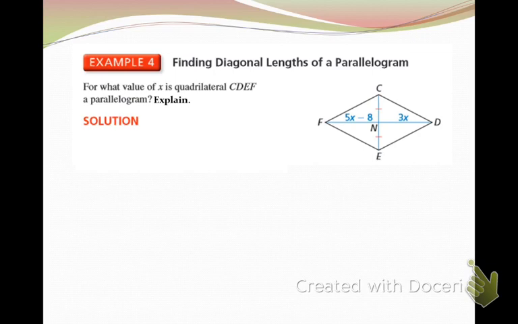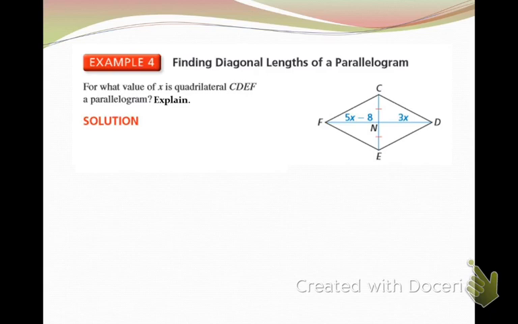For what value of x is quadrilateral CDEF a parallelogram, and explain? The information we're given are these lines. These are diagonals. Diagonals go from one vertex to a non-consecutive vertex.